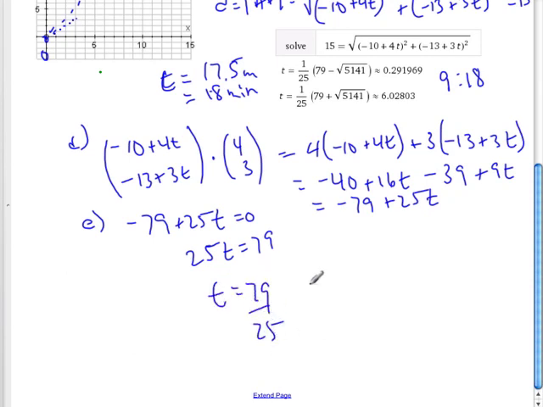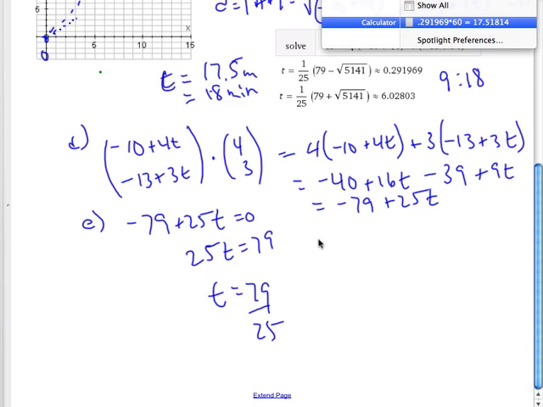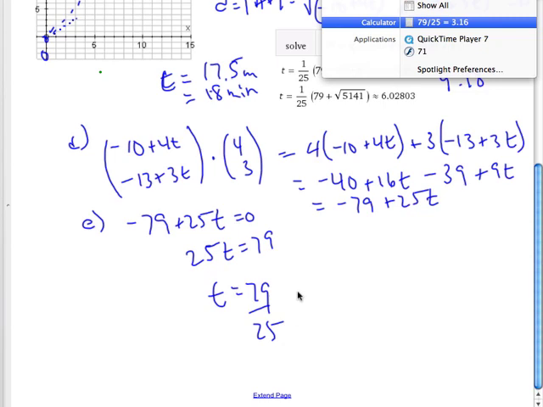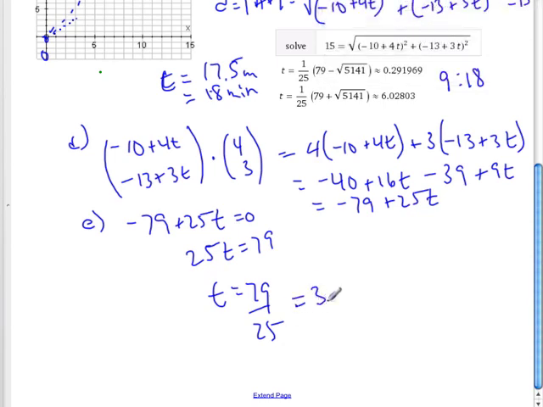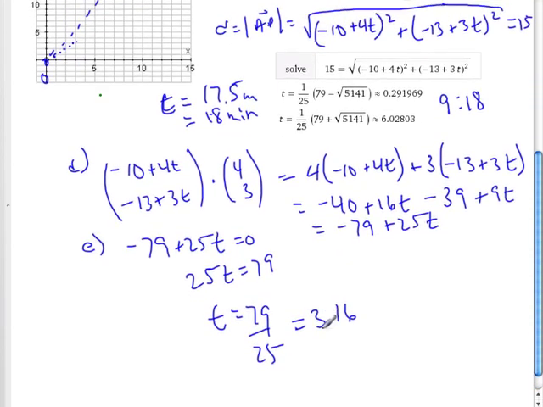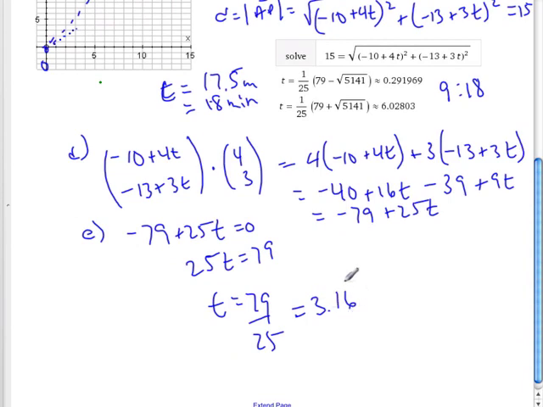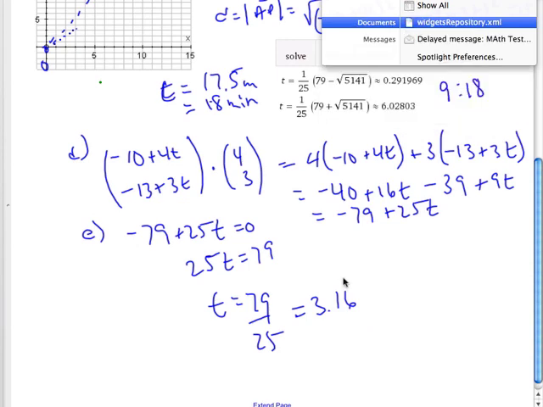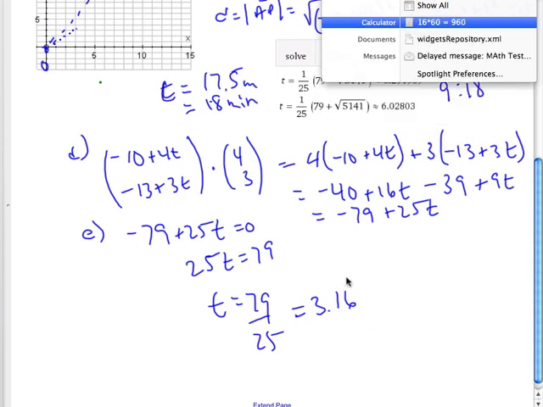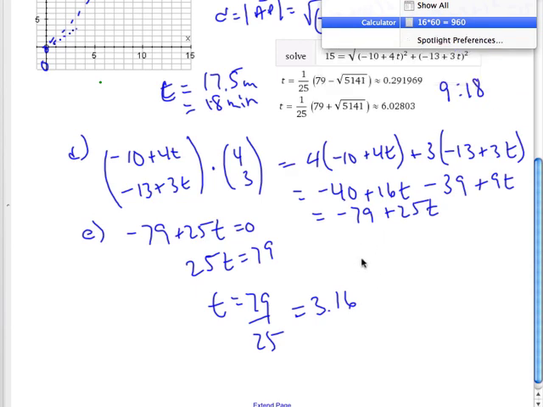And again, that is in hours. So 79 divided by 25 gives me 3.16 hours. If I change that to minutes, this is 3 hours, and I multiply 0.16 by 60, which gives me 9.6.